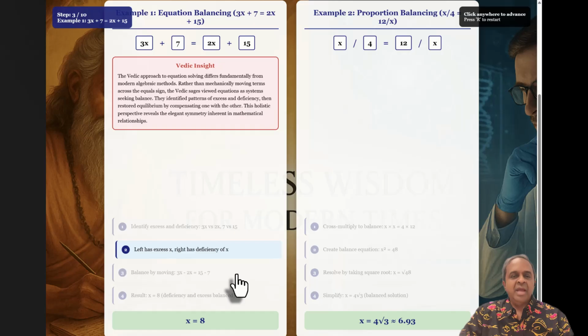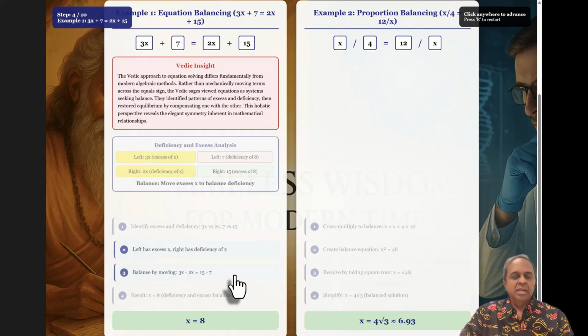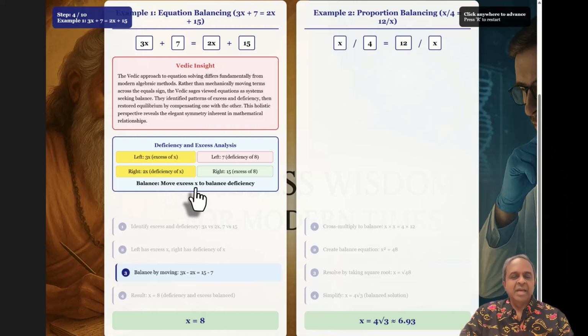So based on that, to compensate and maintain equilibrium, you move. You bring 2x from right to left, so you move the excess to balance the deficiency. In that case, 3x minus 2x and then 15 minus 7.